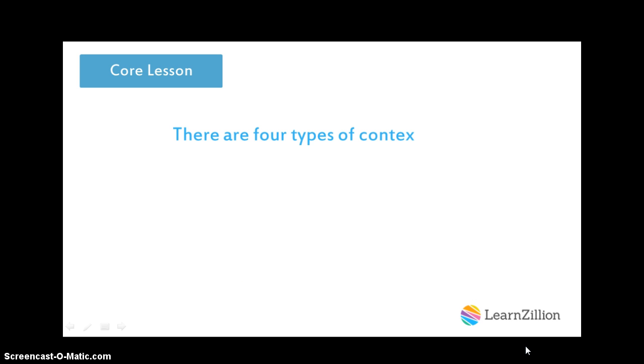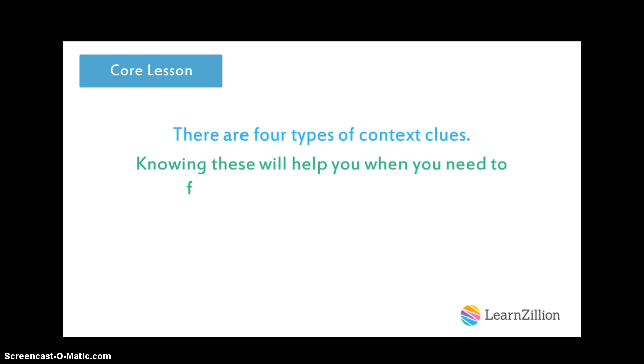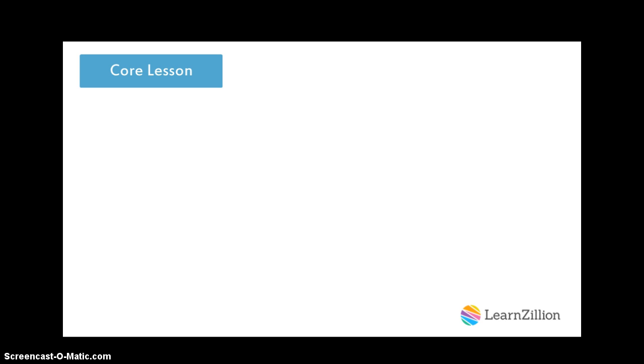There are 4 types of context clues. Knowing these will help you when you need to figure out the meaning of a word. Context clues types. Number 1, definition or example. This should go in your notes.